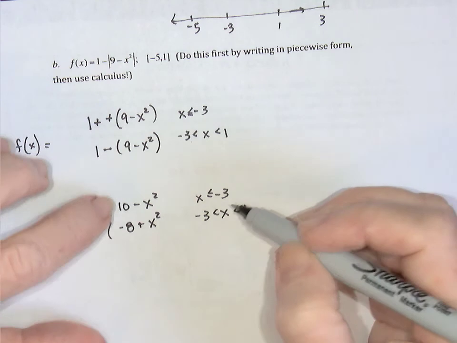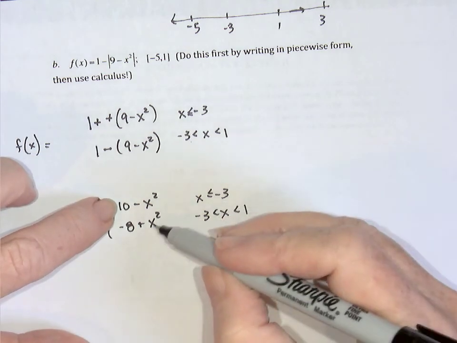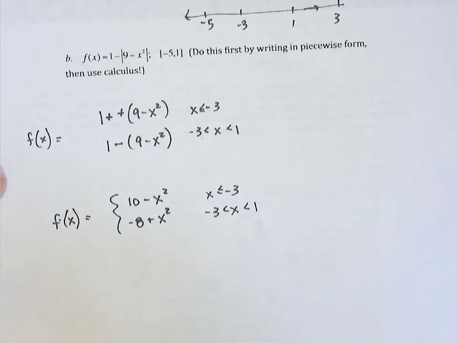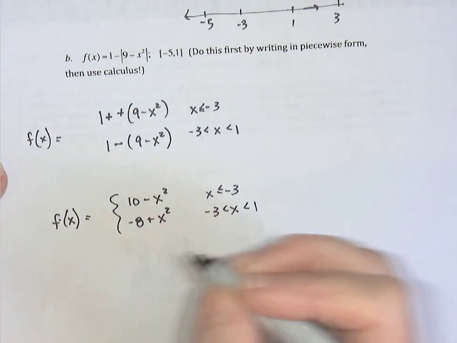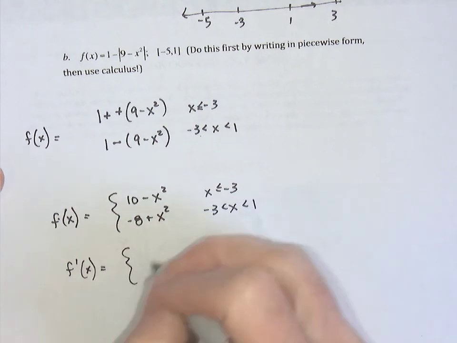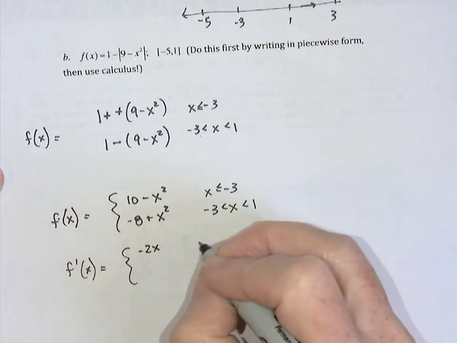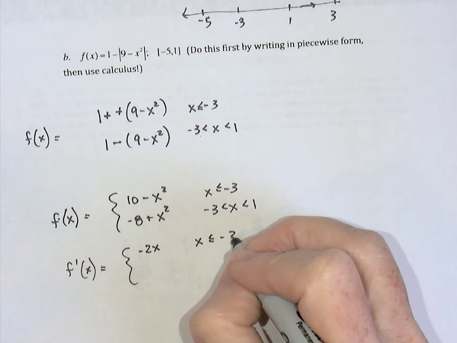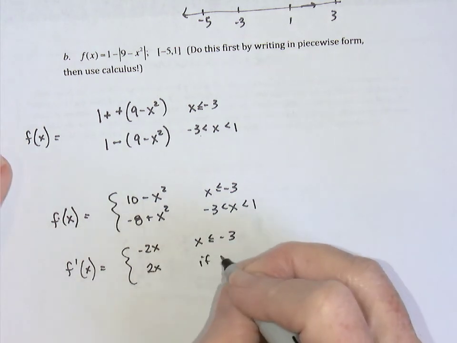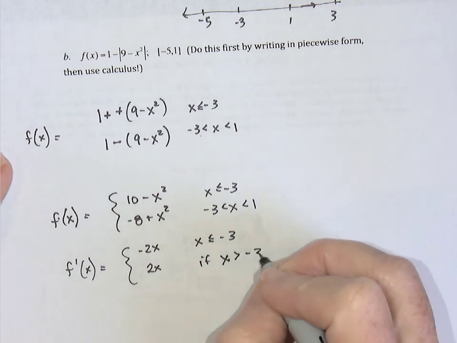I know that if I plug in a -3, that's going to give me a 1 on both sides, so this is continuous. Okay, so let's find the derivative. Our derivative for the first part is going to be -2x if x is less than or equal to -3. For the other part, it's going to be 2x if x is greater than -3.